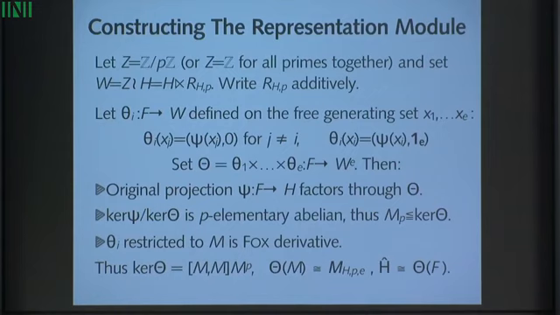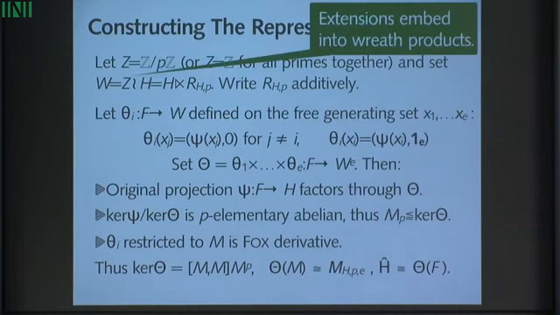Okay, so let's first briefly look at how I can construct this representation module. So I start by taking a cyclic group of order P. I could also do this for the integers to take all primes together, but then the representation theory becomes more complicated. And I'm forming a wreath product.